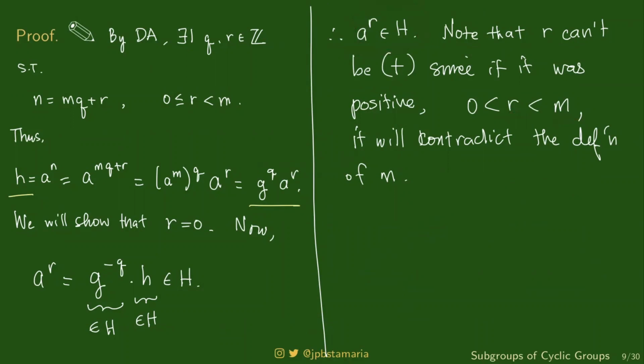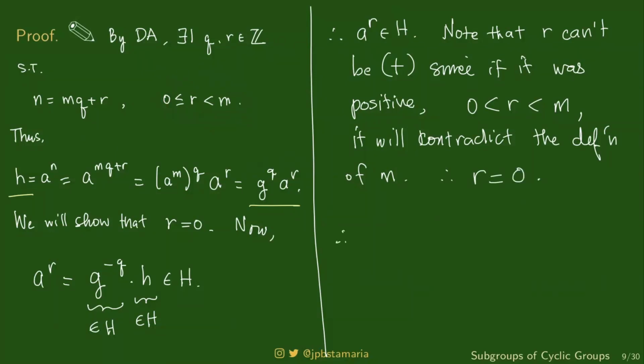We said m is the least so that a to the m is in h. So that will contradict. So r cannot be positive. What's left for r? In this case, r must be 0.